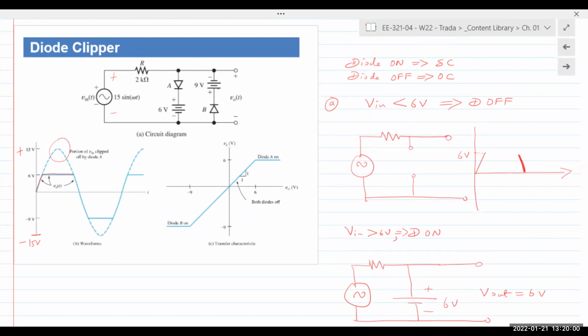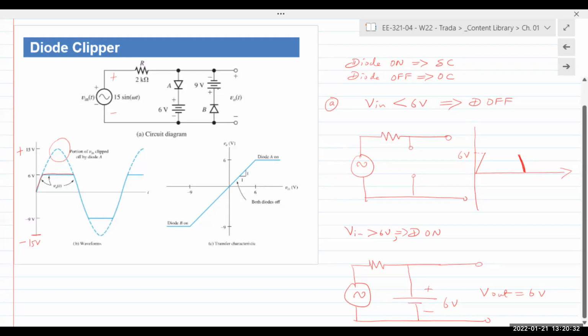Does that make sense? So diode B is always going to be reverse bias, because the negative end of the supply, if this is positive, then the negative end is being applied to the anode. So it doesn't matter what value the positive waveform takes, it's always going to be reverse bias. Okay, so diode B basically does not interfere with operation of the positive half cycle. Does that make sense?